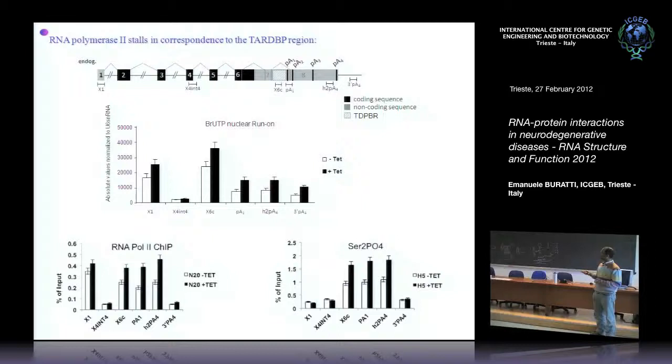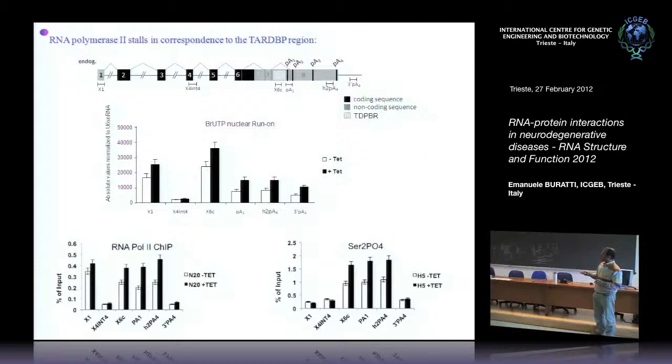What you can do is to look at how well the RNA is transcribed in these different regions. And you can see that you have an increase of RNA production just at the beginning of the mRNA, because you have RNA-POL2 that is accumulating in the promoter region, and that is just starting to transcribe.